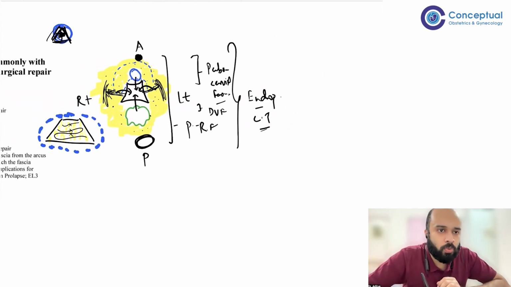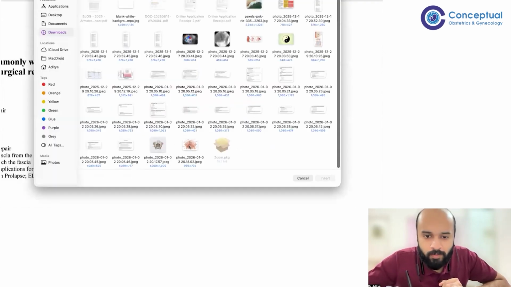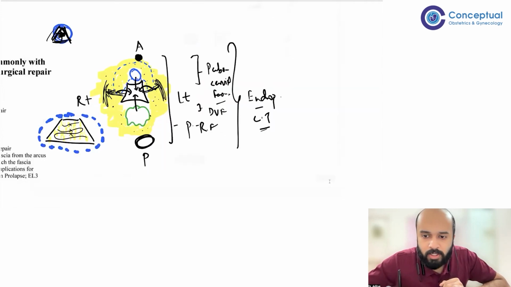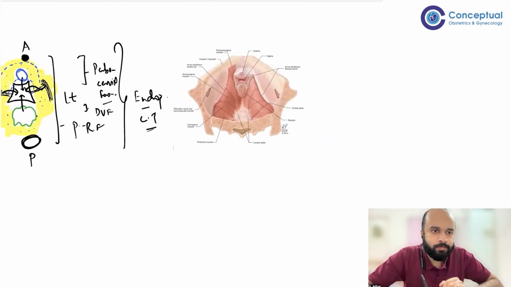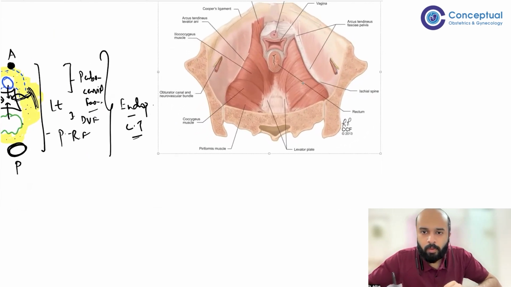I'll show that to you right now. This arcus tendinous fascia pelvis is actually the lateral attachment of that cotton that I had told you all. Endopelvic fascia का lateral attachment है. Now if you see over here, this picture, okay.